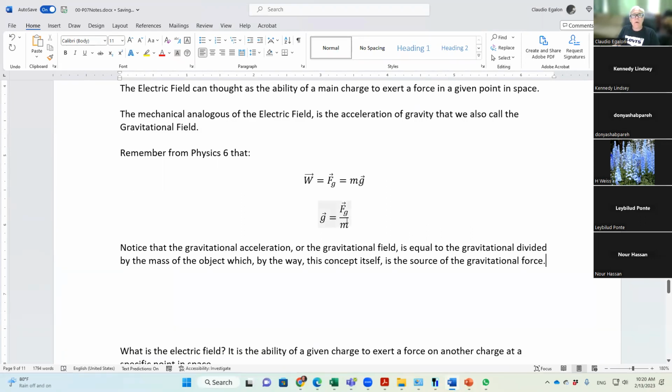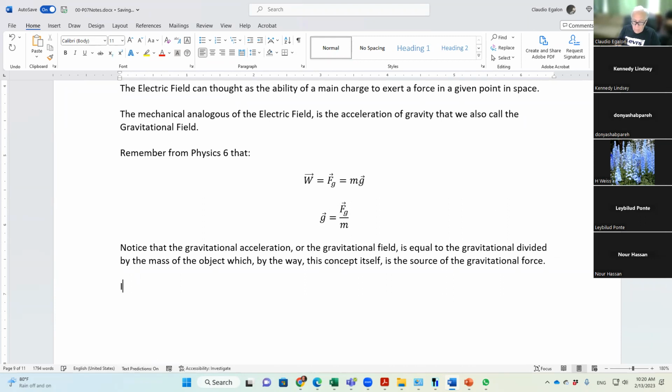I'm not saying that the little mass is the source of a gravitational field. No. The source of the gravitational force is that larger mass, the Earth, right? The Earth's mass itself.